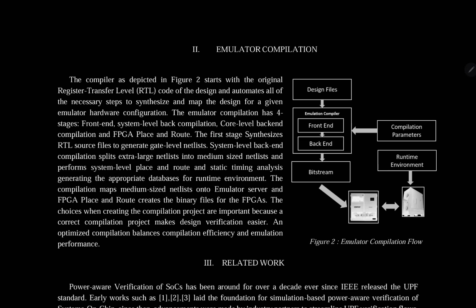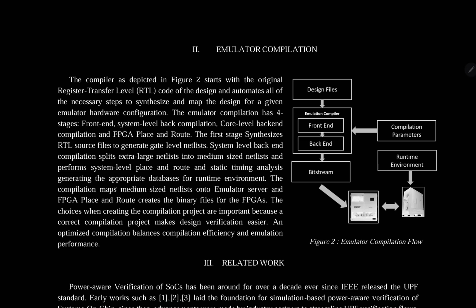The first stage synthesizes the RTL source files to generate a gate-level netlist. System-level back-end compilation splits the extra large netlist into medium-sized netlists, and performs the system-level place and route and static timing analysis, generating the appropriate database for the run environment.